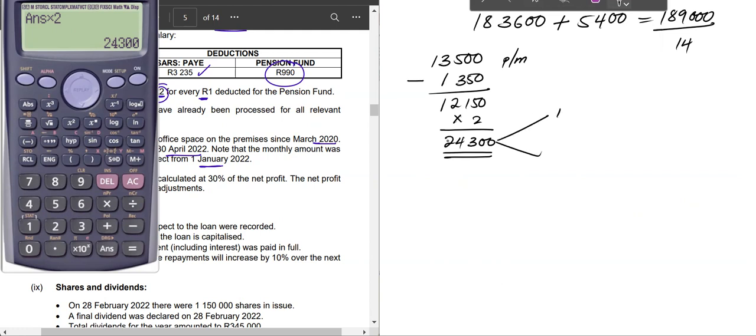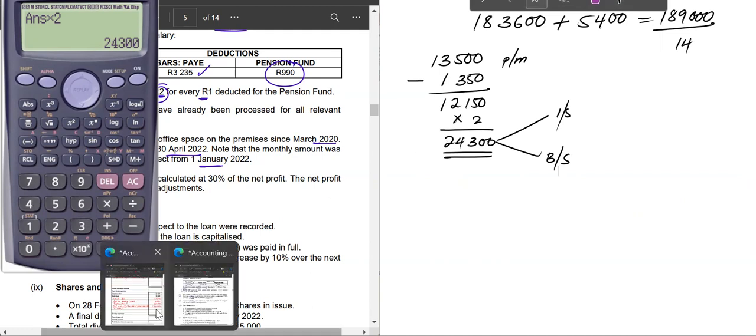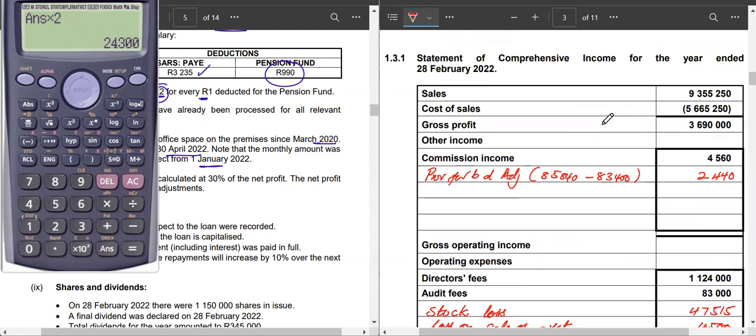I'll adjust this to the income statement and to my balance sheet, the statement of financial position. In my income statement, at the top here, I'm coming to say rent income. How much was the rent in my list of balances?